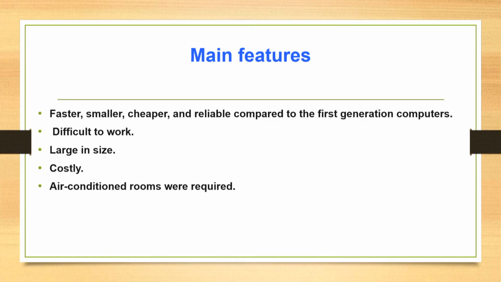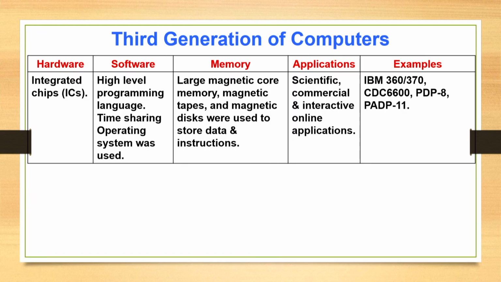Air conditioned rooms were required because it is made up of transistors which heat up after some time of use. It consumes less power than the first generation. So, this was all about the features of second generation computers.